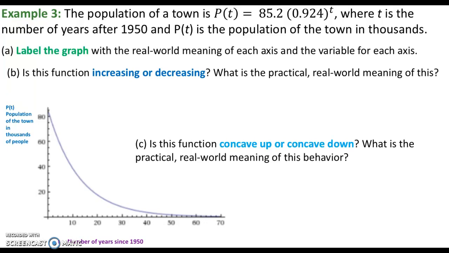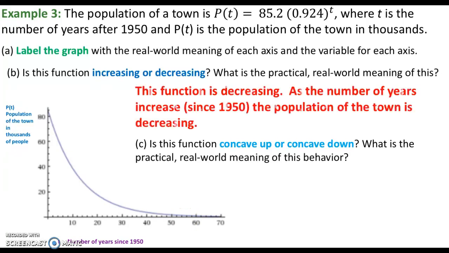Part B says, is the function increasing or decreasing? And what is the practical real-world interpretation of this? Well, we can definitely see that it is an exponentially decaying function, which we were clued into because we know that the factor is less than 1. So this is definitely a decreasing function.